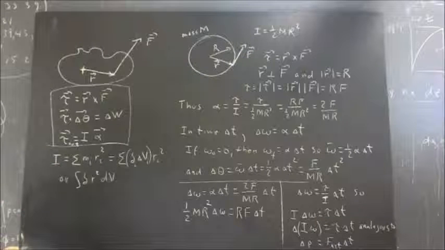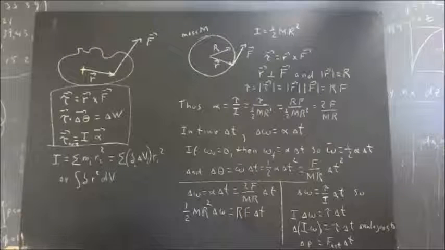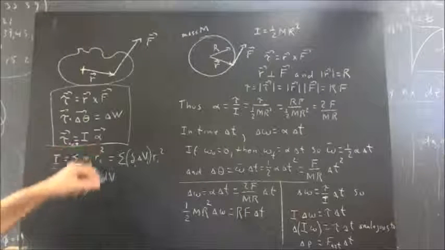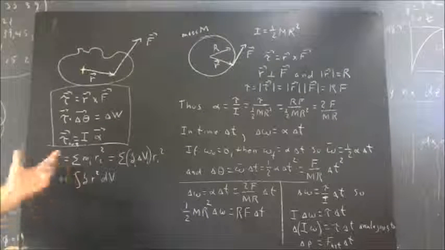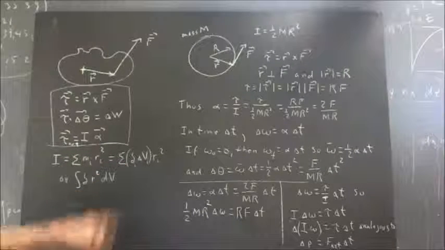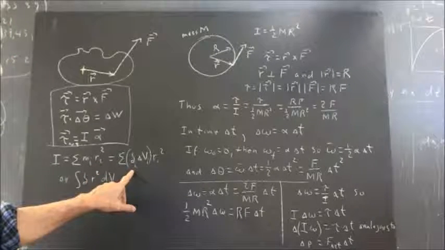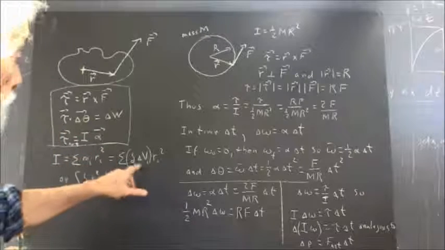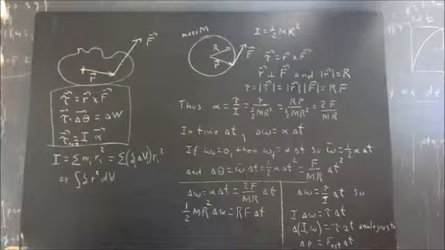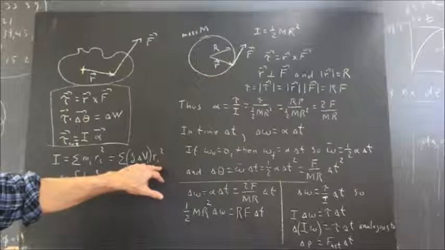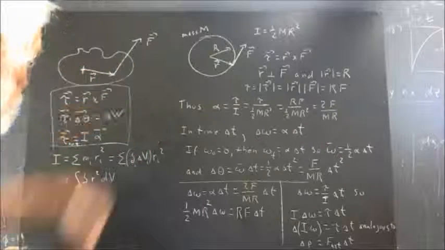Moment of inertia is the sum of the m_i r_i squared, as we've talked about. Okay, the sum of the masses times the squares of their distance from the axis of rotation. And we could say that's the sum of delta m_i, where delta m_i is the average density of a volume unit times the volume unit, times again r_i squared, the distance of that volume unit from the axis of rotation squared.